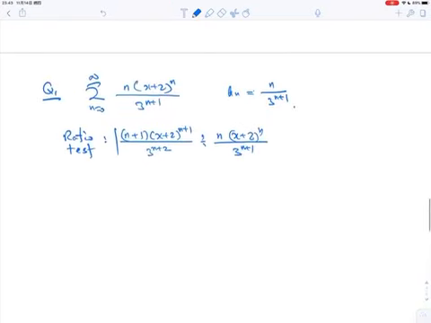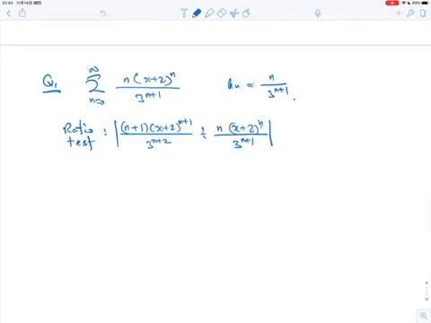So if you look at this and you simplify that, you will see this is what you would get. And when n goes to infinity, this is going to tend to x plus 2 over 3. And what we want is to show that it is less than 1 if it is going to converge.